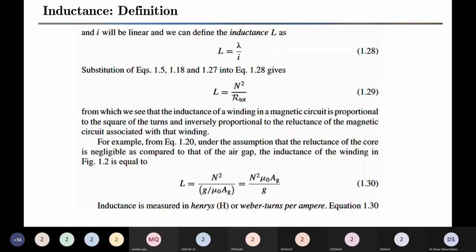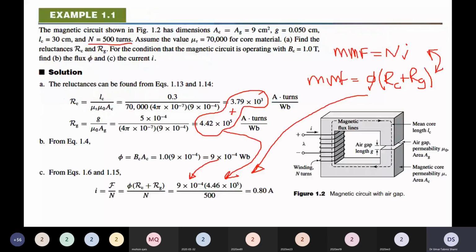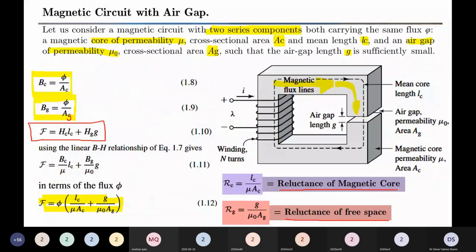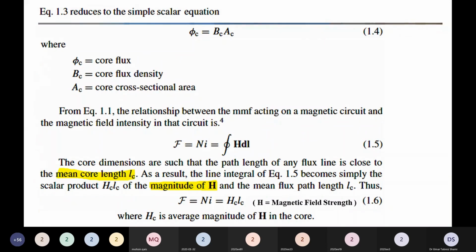We can substitute, or we can use equations 1.5, 1.18, and 1.27. This is 1.15, 1.5.